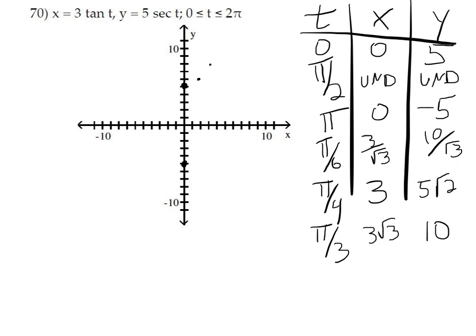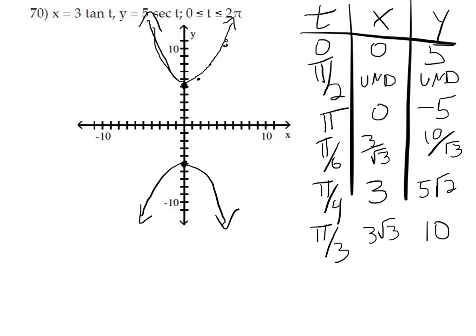And then over 5-ish, and up 10. Now, from symmetry, etc., we're actually getting, it looks like a hyperbola out of all this. So there's still a lot more to plug in and figure out on this one, and that's okay.